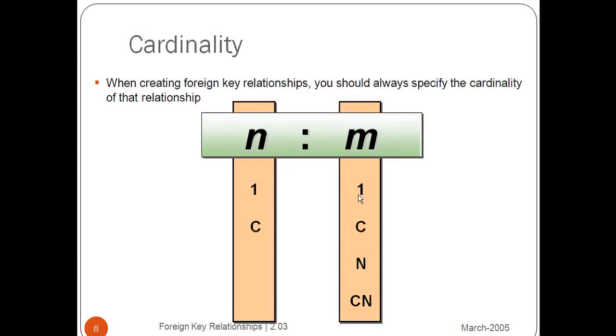What will C represent? C represents 0 or 1. So it could have 0 to 0, 1 to 0, 0 to 1, or 1 to 1. Meaning the next table should also have a 1 to 1 or 0 to 1 relation. If it is N, it could be 1 or multiple. If it is CN, it could be 0, or multiple. So this is what cardinality is.